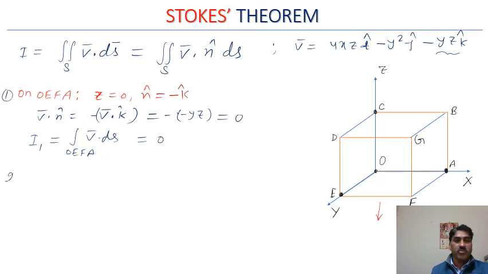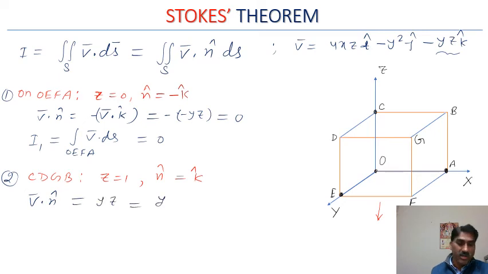Now on the next surface we take the opposite surface. What is the opposite surface? This is CDGB. On CDGB you can see here z is equal to 1 and the unit normal on this surface is k. So again find V dot n. V dot n is just minus yz, and z is equal to 1, so this is minus y. Now integrate it.